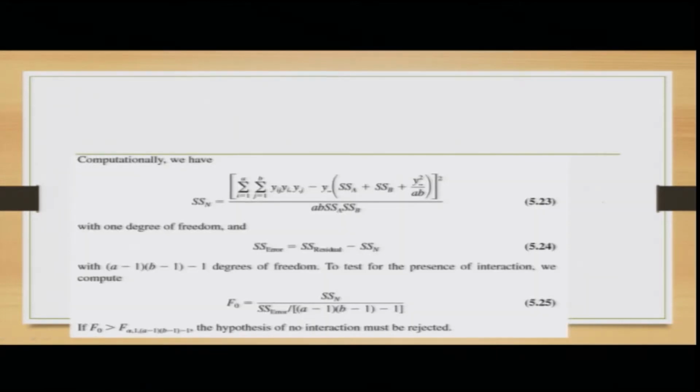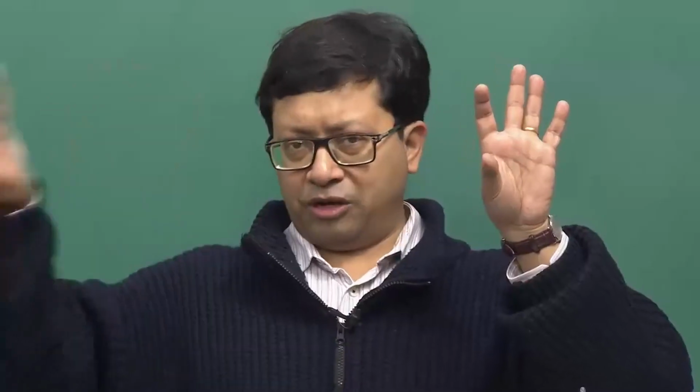Computationally, the sum of squares corresponding to n, where capital N is equal to a into b into small n, is found like this. In the denominator you have the sum of the squares of a on a standalone basis and the sum of the squares of b on a standalone basis.